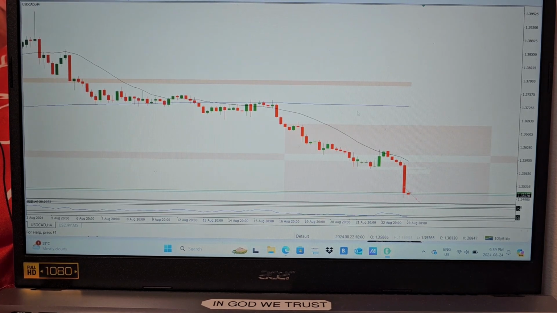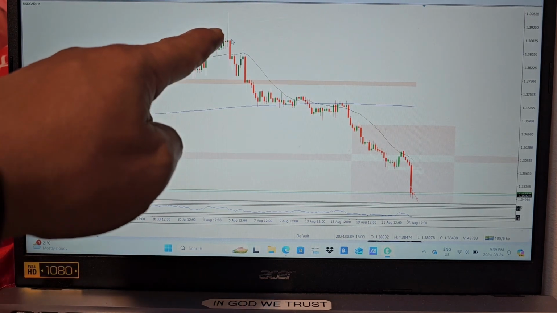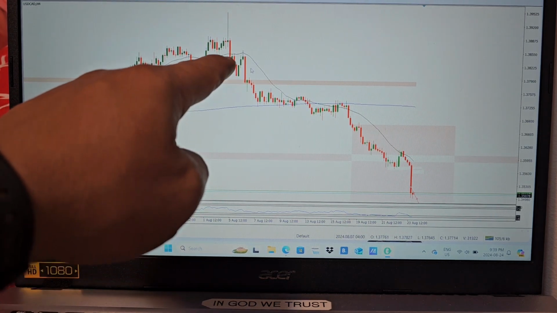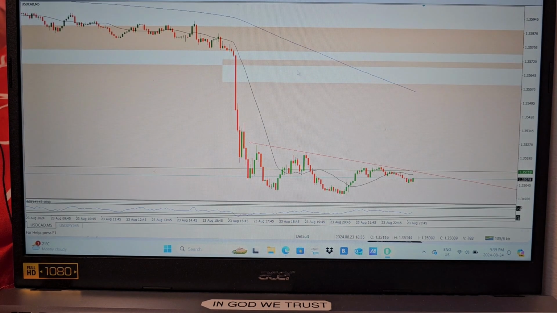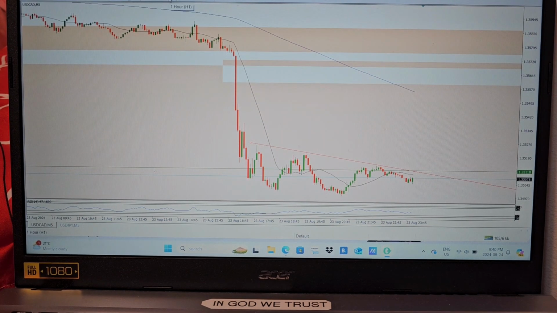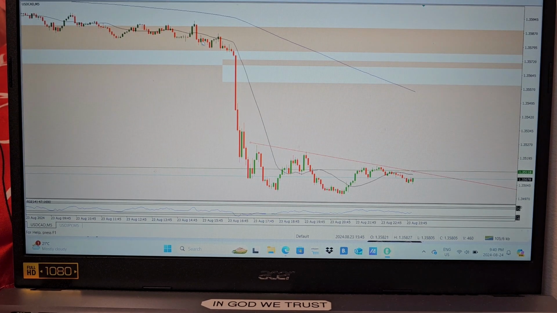Just go for 4 hours. Yeah, 4 hour is here. Look at this. Go down, retrace, go down, retrace. And Friday, I catch this one 5 minutes before it goes down.